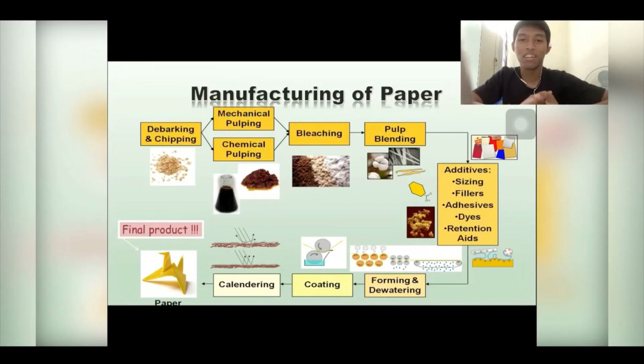So I'm going to present to all of you about the kraft pulping process, resuming the presentation of Noor and also Hilman. So what is the kraft pulping process? Actually, the kraft pulping process is the most popular paper pulp process.